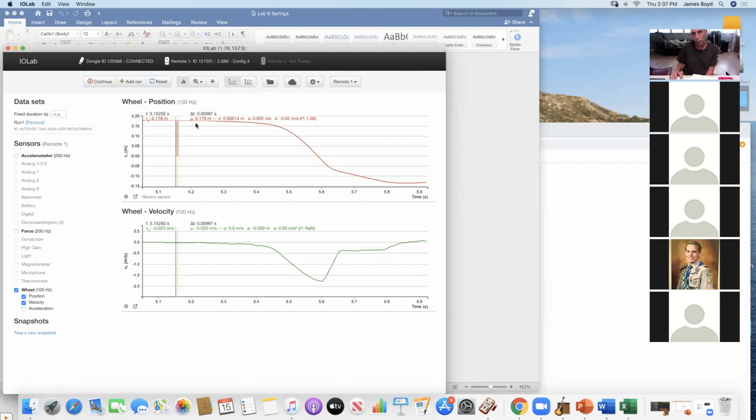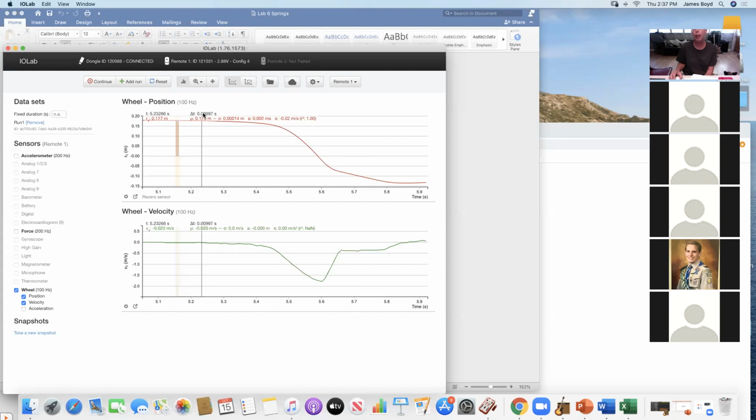So on this graph, it's telling me that my position is 0.178 meters, 17.8 centimeters. My uncertainty is 0.001. I'm sorry, my resolution is 0.001 or 1 millimeter. And my error is half of that, so 0.0005 meters or 0.05 centimeters.